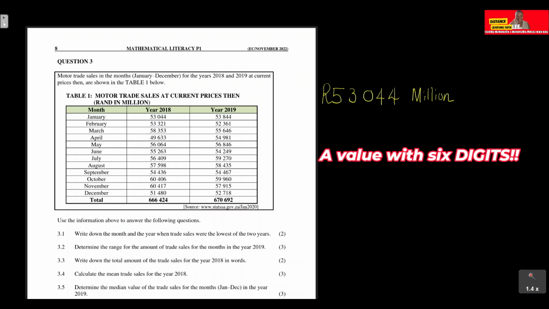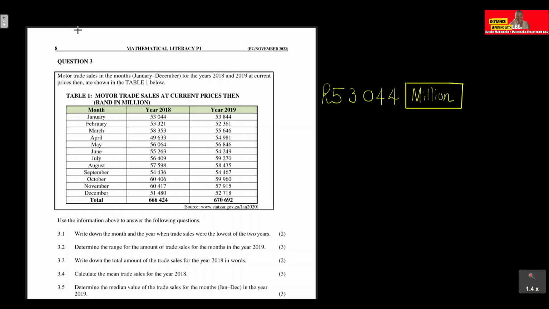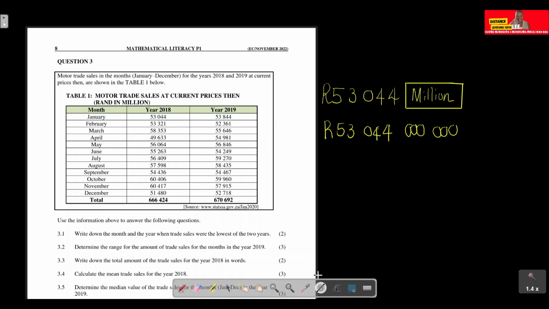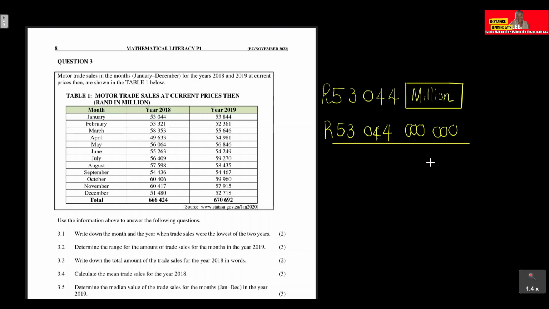So in this case, because we are told that this is 53,044 million, you're going to just write 53,044, and for million, we know that we have to have how many zeros? 6 zeros. Okay, so we're going to put 1, 2, 3, 4, 5, 6.